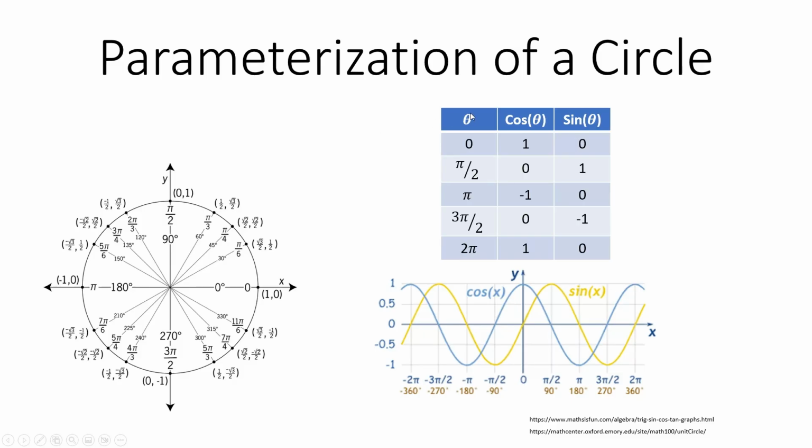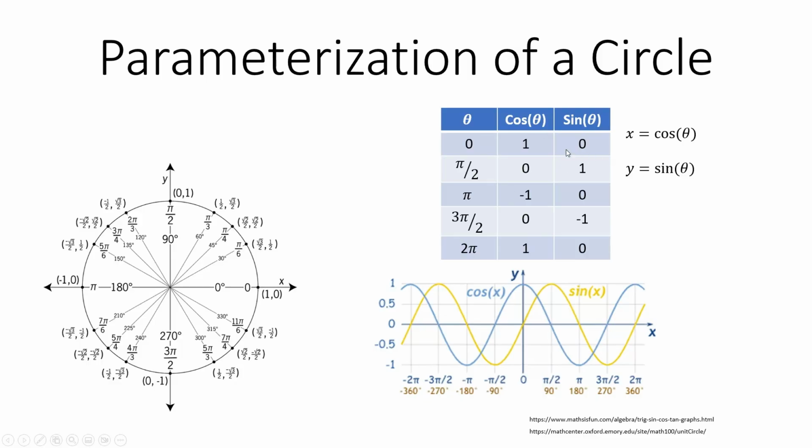If we think about our angle theta, and we start here at our 0, we go up to pi over 2, then to pi, 3 pi over 2, and 0, our cosine and sine functions will give us values between 1 and negative 1. And this is exactly what we want if we're trying to parameterize our x and our y in terms of the angle. So if we use x is equal to cosine theta and y is equal to sine theta, we'll see that as we start here at 0, cosine, that's our x, is equal to 1, which is what we want, 1, 0.